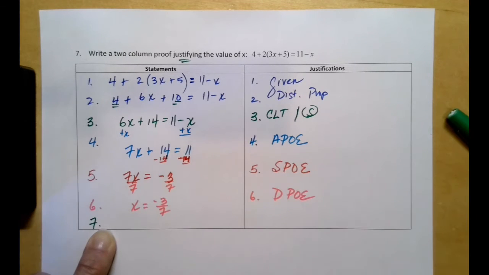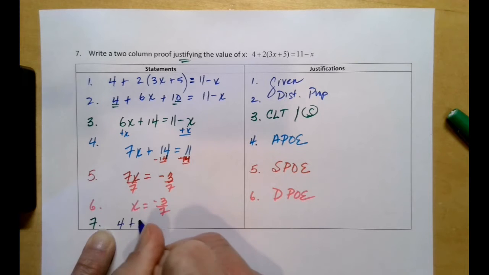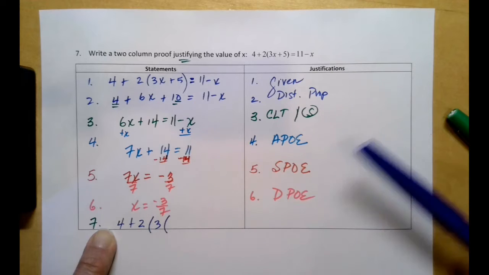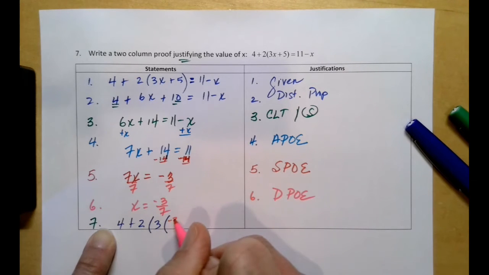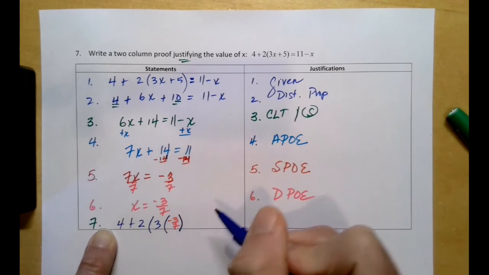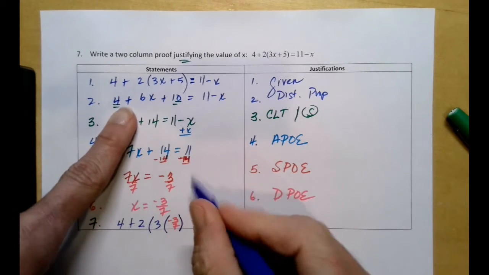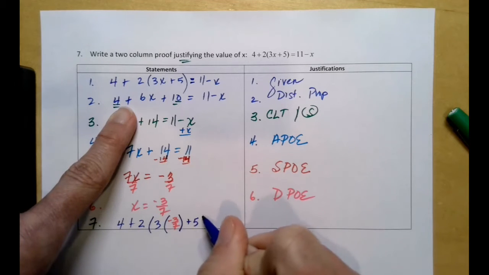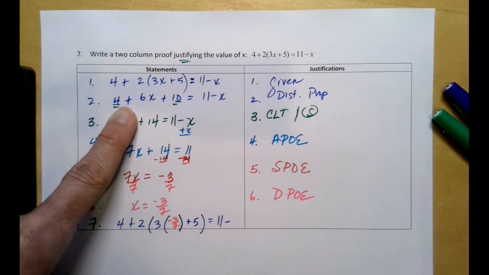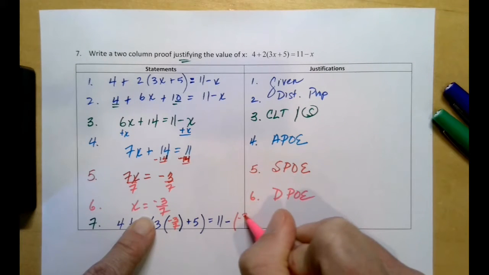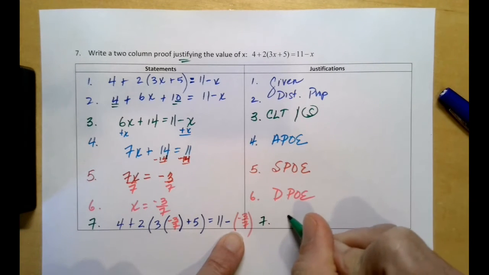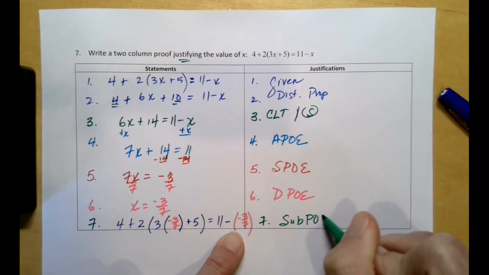I need to say my original equation is 4 plus 2 times (3 times negative 3/7 plus 5) is equal to 11 minus, and let's bring our negative 3/7 into it. And how come I can say that? That's my substitution property of equality.